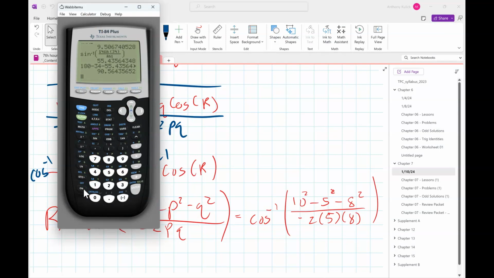That fraction command where we put the fraction bar in your calculator will help enormously because the parentheses on this are a bear. So cosine inverse, and then just type in my formula. Press enter and I get 97.90.